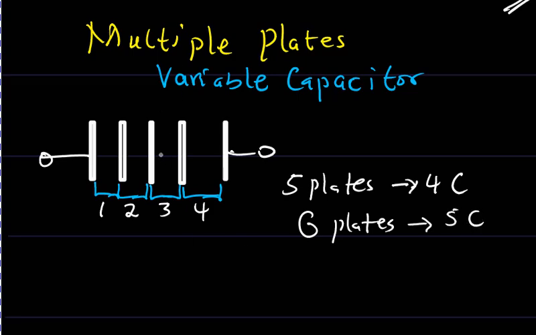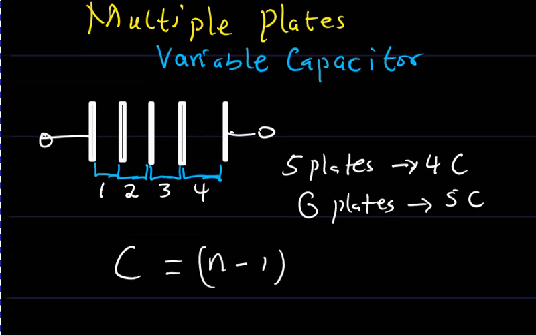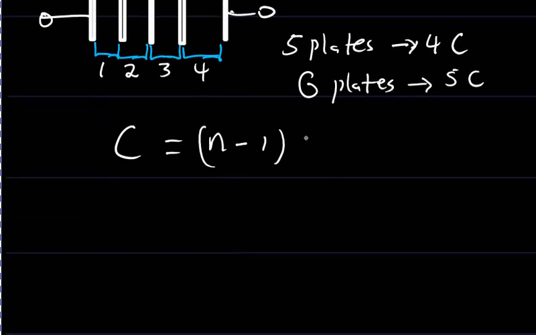So for such a capacitor, to calculate the capacitance, we use the formula n minus 1, then multiply by the capacitance of a single capacitor, which we know is A, the area, epsilon, relative permittivity multiplied by absolute permittivity, then divided by D.